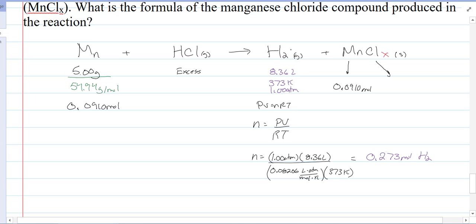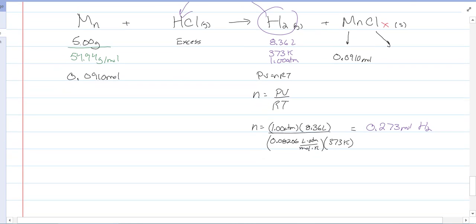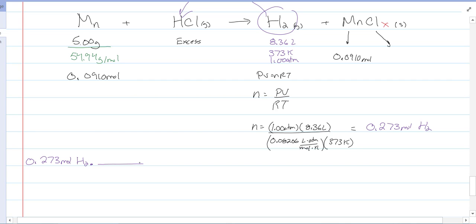Well, all the H2 came from HCl, right? So we have 0.273 moles of H2. I know that for every 1 mole of H2, there are 2 moles of HCl, because it's a 2 to 1 there.